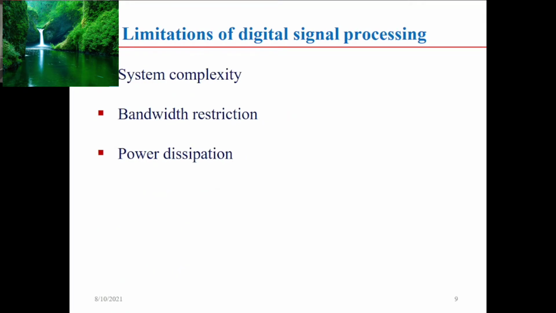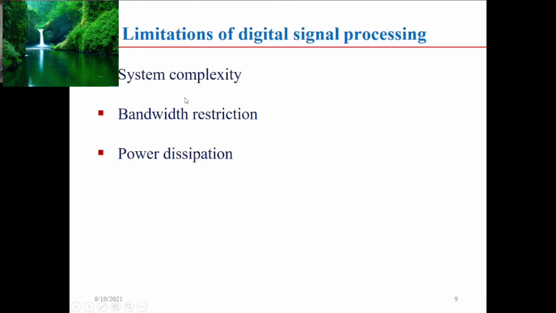As I said, there are certain advantages, there are certain disadvantages also. Because of digital signal processing, so many operations we are doing, the system complexity increases. And we know as system complexity is high, the hardware required is more, the circuitry becomes complex, and because of that, power consumption also increases.